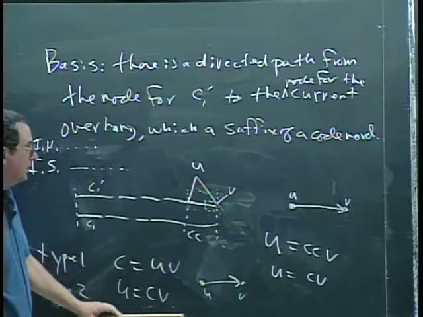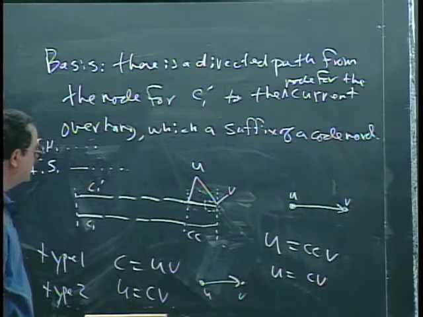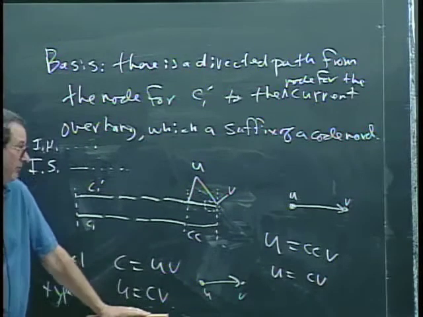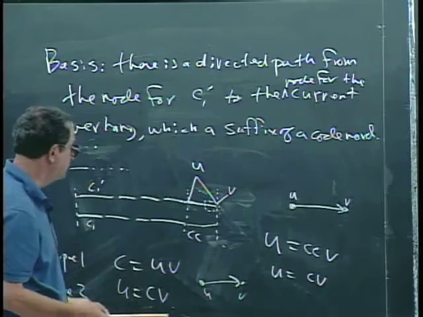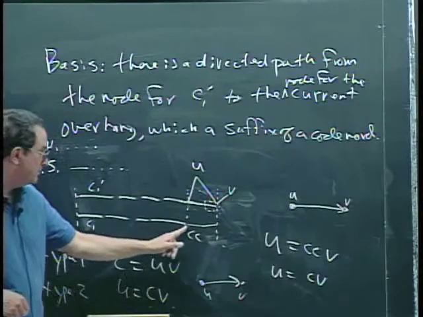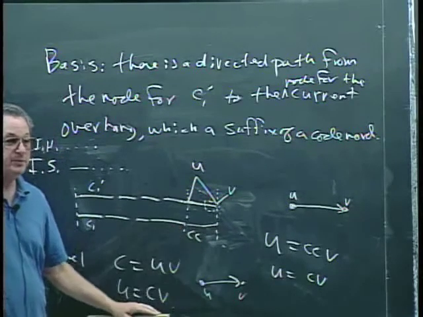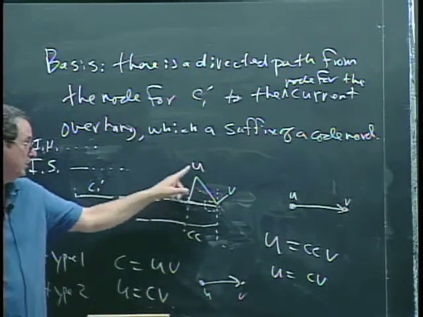Okay, so in that case, we want to see that the path that we've been building up in fact runs to a node that represents a code word. Okay, so just before we put this CC in, the path from C1 prime ran to a node that represented U, right?